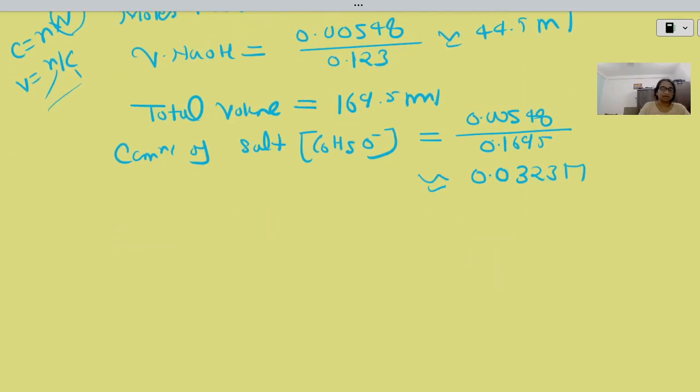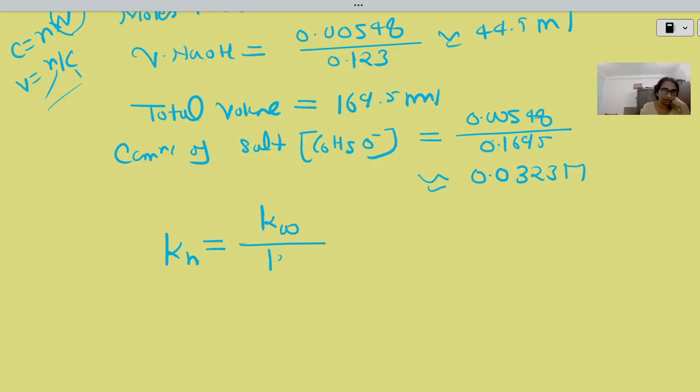Now the value of Kh. Kh is the equilibrium constant. Here it is Kw upon Ka, because this reaction is going on in the aqueous solution.